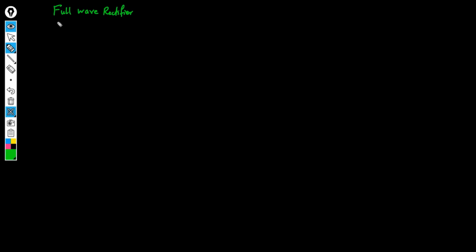Now remember that the full wave rectifier is formed as follows. First of all, we will have a step down transformer, but instead of just a step down transformer, it is a center tap step down transformer.